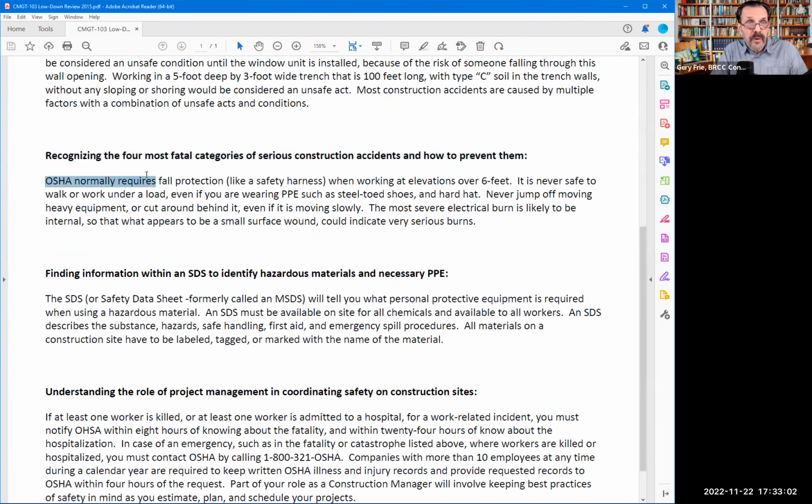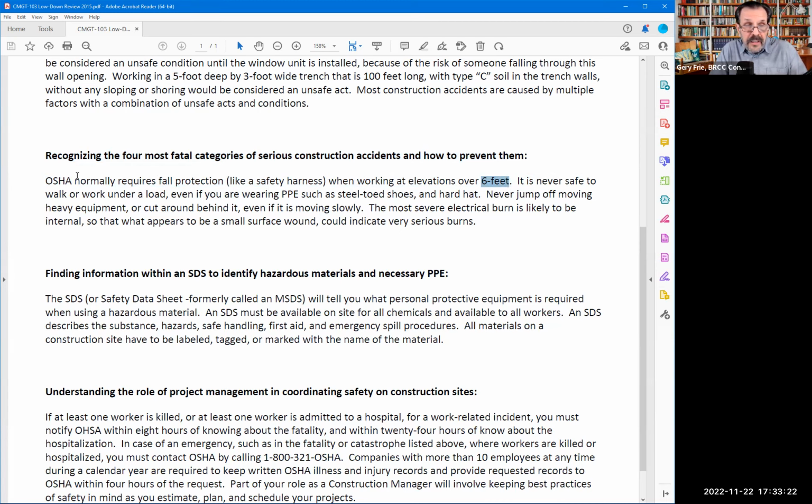OSHA normally requires fall protection, like a safety harness, when working at elevations over 6 feet. That's the basic rule of fall protection for construction, and because we're focusing on construction, that's the basic number you need to remember.